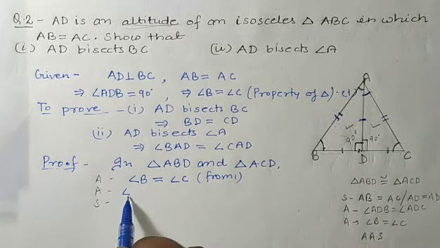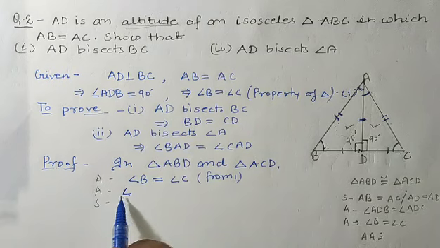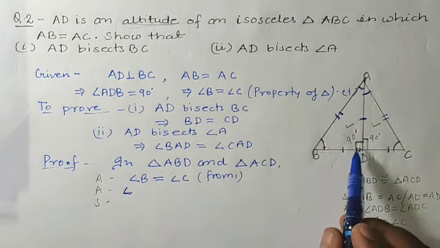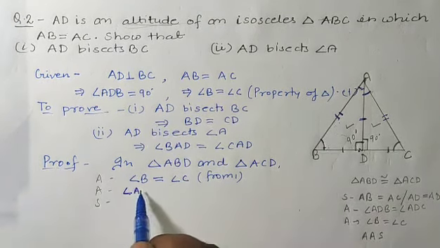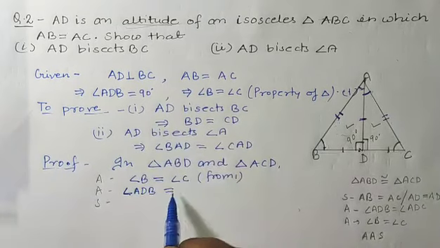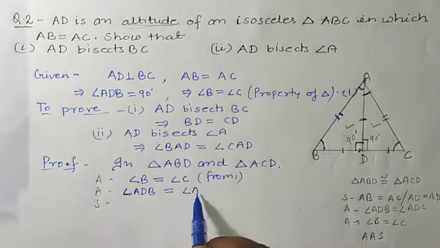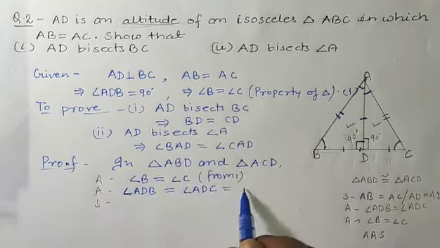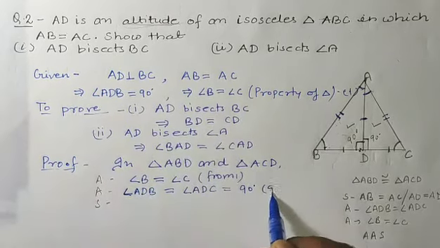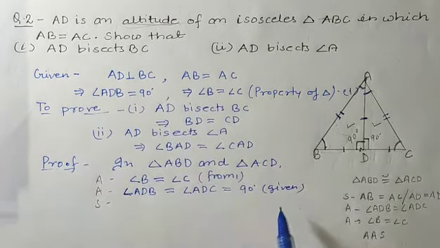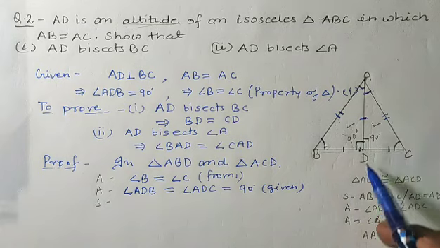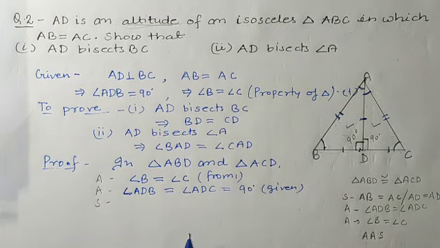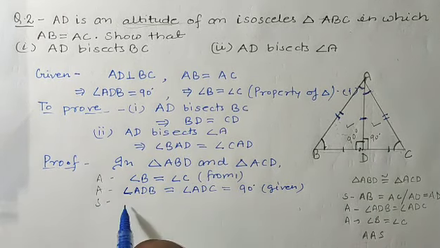So here angle ADB is equal to angle ADC, and both are equal to 90 degrees. It is given that AD is the altitude of triangle ABC, so it is 90 degrees.